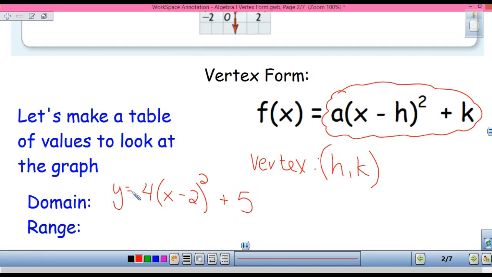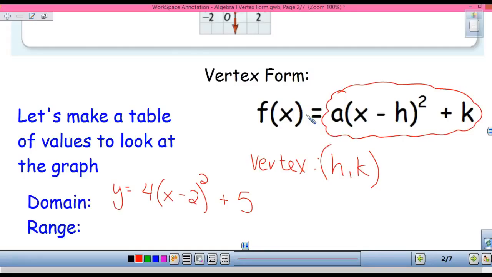Okay, time out. F of x. Who remembers what that's just a fancy way of writing? No, it's just a fancy way of writing y. Okay, we talked about that when we did functions. So when it says f of x equals, all that means is it's a fancy way to write y equals.